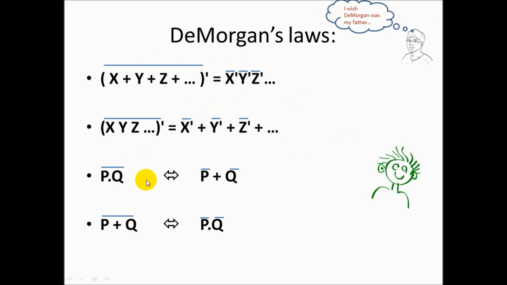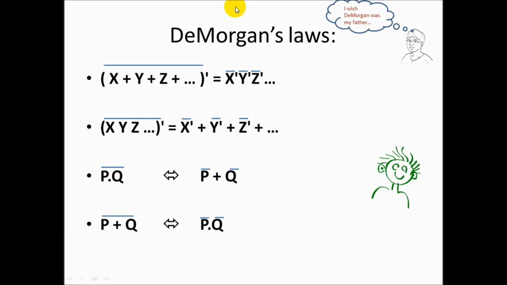So this P and Q inverted is exactly the same as inverted P or inverted Q. And this P or Q inverted is exactly the same as inverted P and inverted Q. Okay, makes it a hang of a lot easier, and we would have come up with exactly the same results doing it the painstaking way.